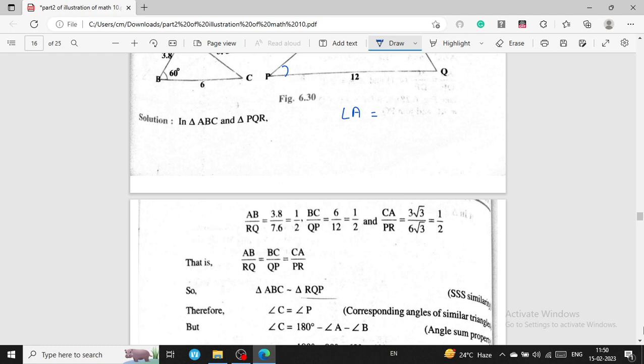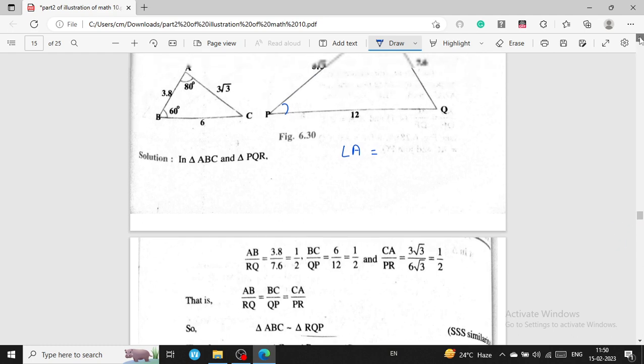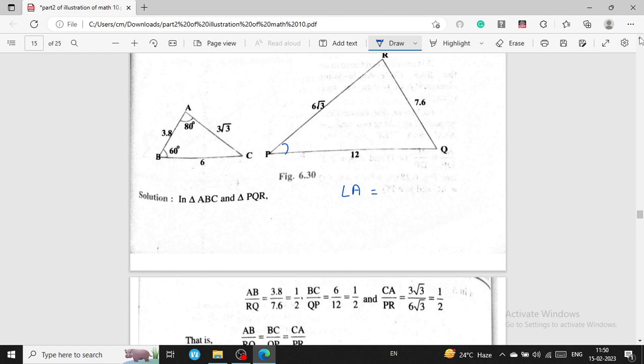Why? Because 3.8 will be solved with 7.6, since 3.8's double will be 7.6. That's why we say that AB over RQ is equal to 1/2, and on the other side AC over RP, that is given 3√3 over 6√3.